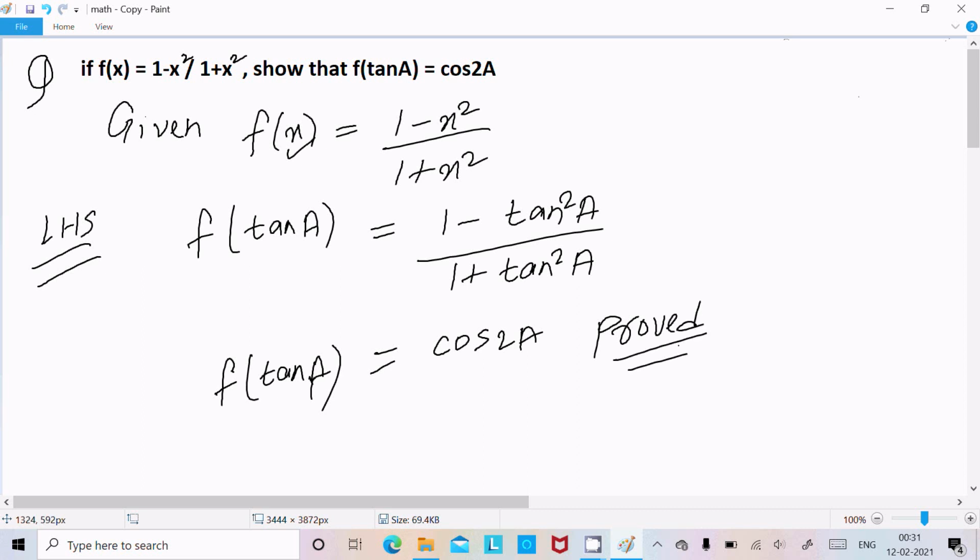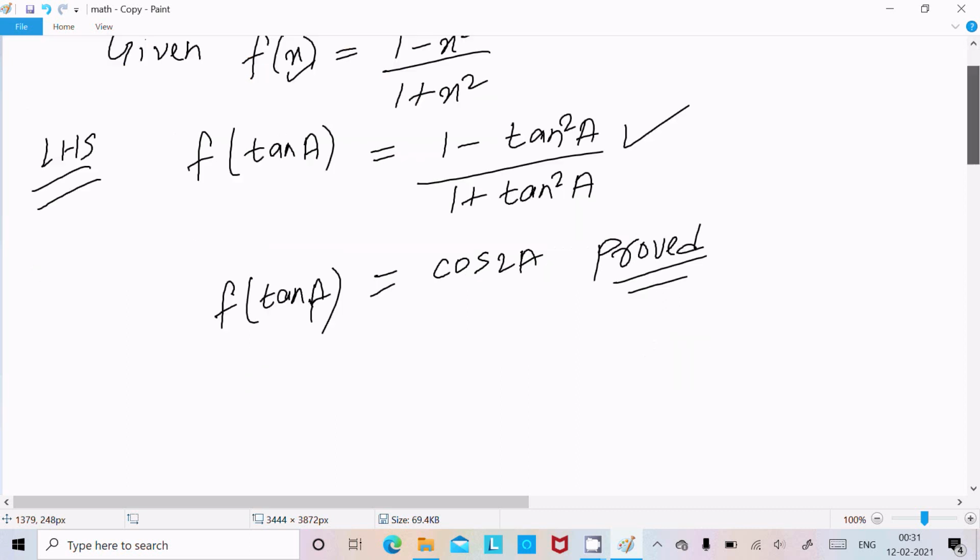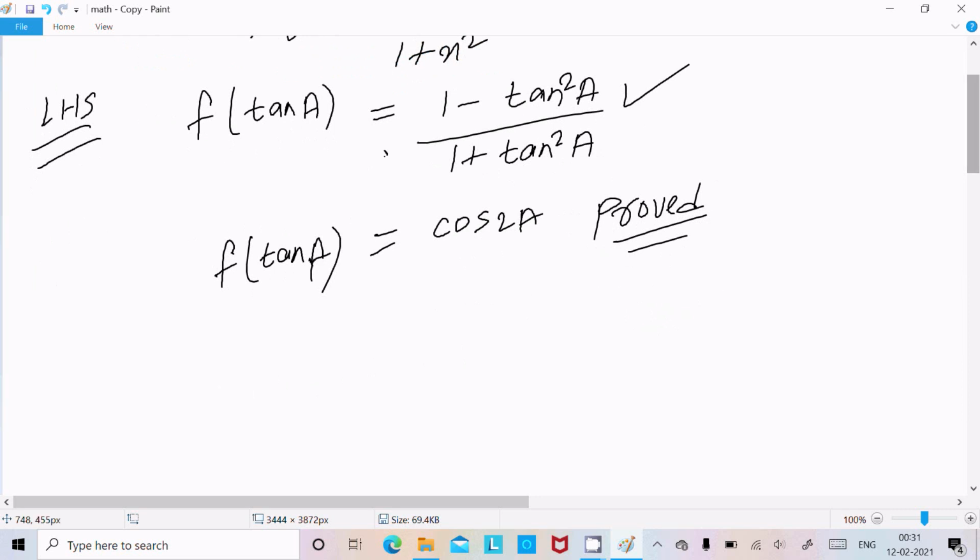So it's very simple. You need to remember this formula. If you don't remember this formula, then we can make that a little longer. So here f(tan A). If you don't remember this, then you need to break this into sin and cos.